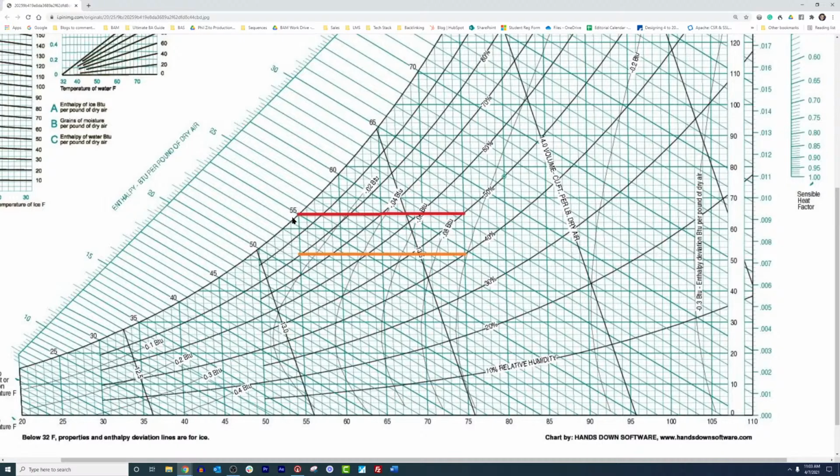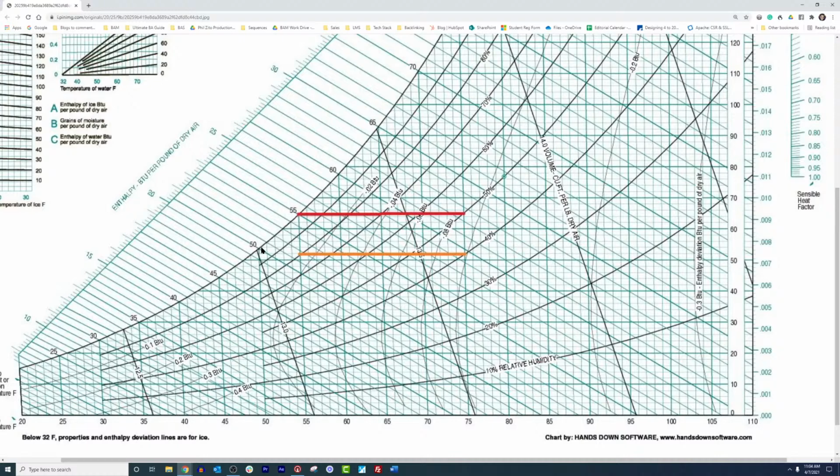As we subcool that air, we are wringing out the moisture because we're at saturation. As we drop in temperature, 55 right here to 50, if we go across, we've reduced the amount of moisture that has capacity in the air, and that's why you see condensate start to come off of your coils.